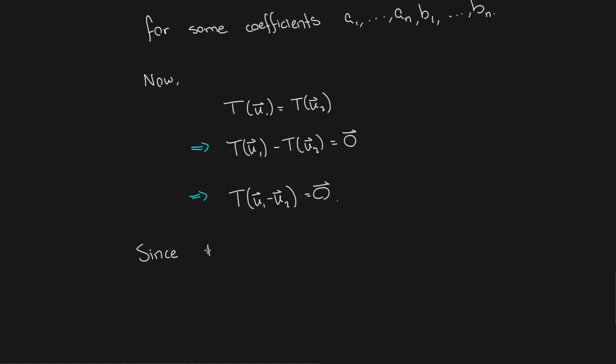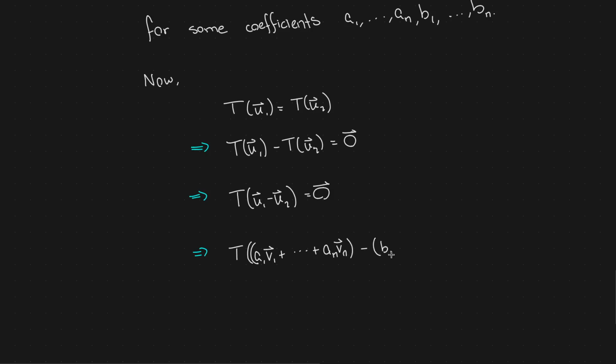But since, oh, actually, hold up. Now what I'm going to do is plug in what we know u1 and u2 to be. So u1 is a1 v1 all the way to an vn, right? Expressing u1 as a linear combination of those vectors.